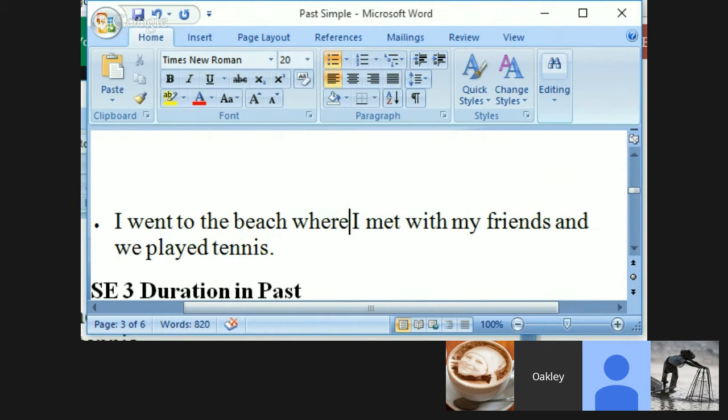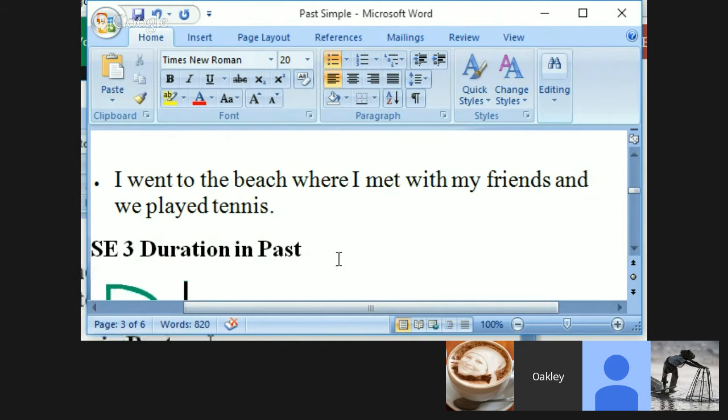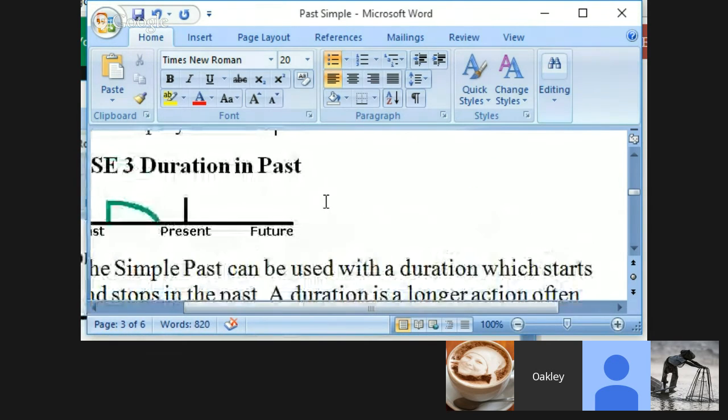Where I met with my friends and we played tennis. All right. Okay, it's slightly different, but this is okay here. All right. I went to the beach where I met with my friends and we played tennis. Okay. It's obvious that you met your friends first and then after you played tennis, because you don't play tennis by yourself generally. Okay, that's fine.